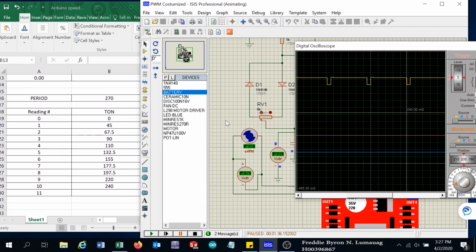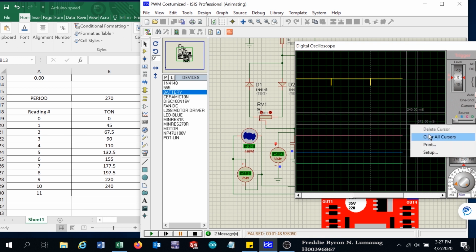And for the last one, this is the full now, and this is 240 milliseconds. No, sorry, that is the old reading, so I will delete it.